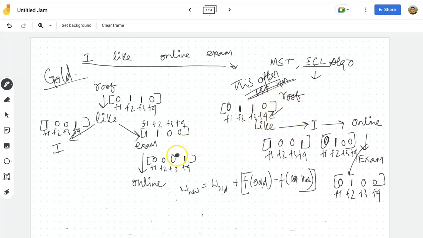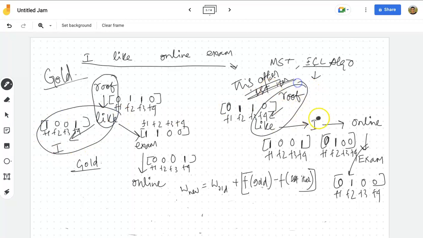So what is the total sum of this gold thing? We don't need to sum all these things, because if you see, root to like and like to I is common for both of these. So we can ignore those, and only need to add the other edges.